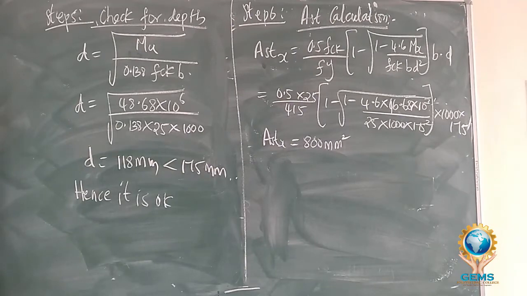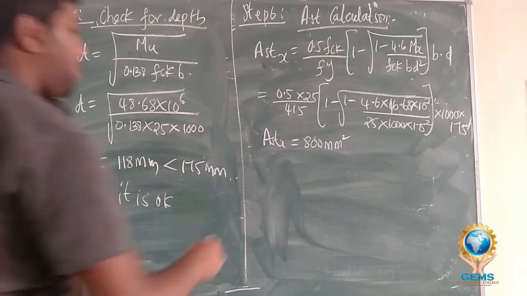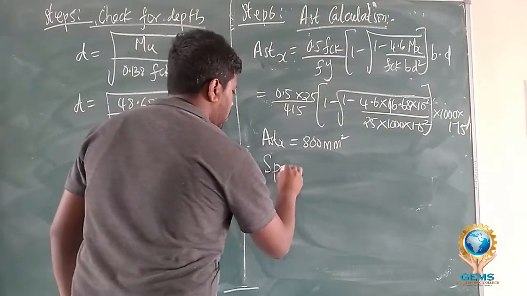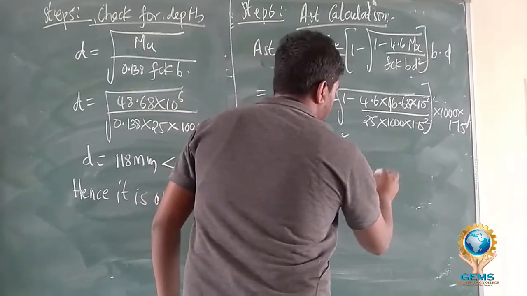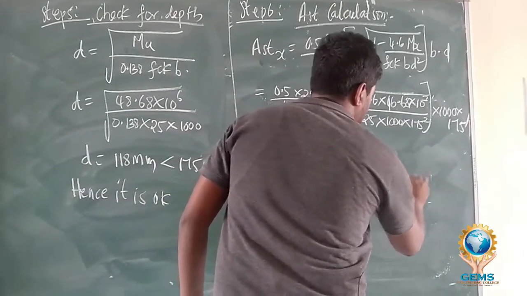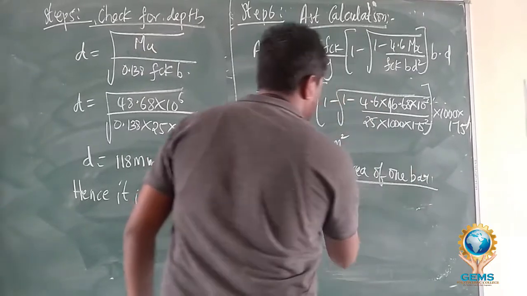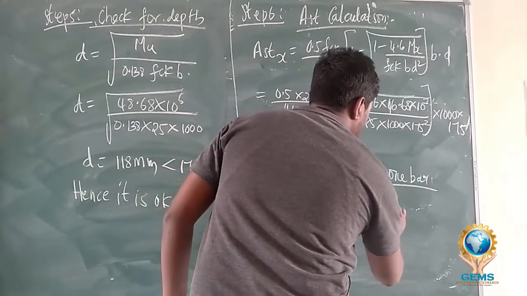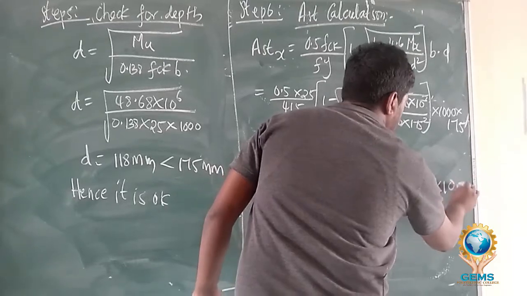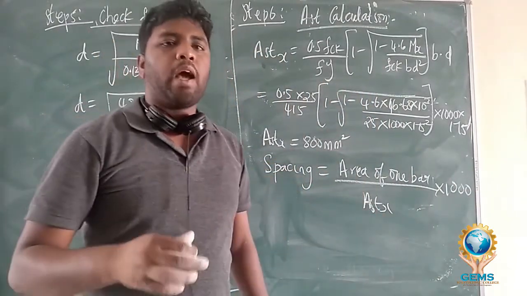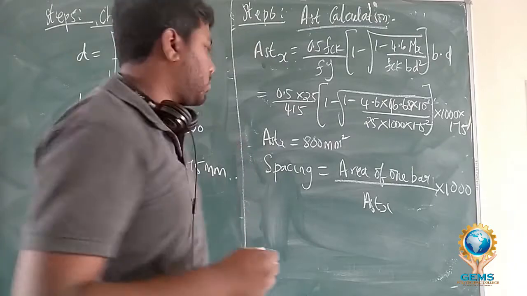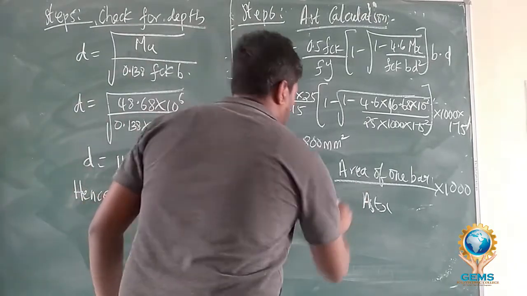So we have to calculate the spacing of steel in x direction. What is the formula for spacing? Spacing is equal to area of 1 bar divided by Astx into 1000. As you already know, we have assumed 12 mm dia bars. So what is area of 1 bar?